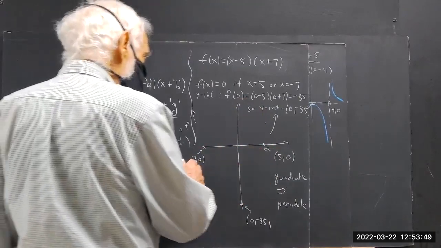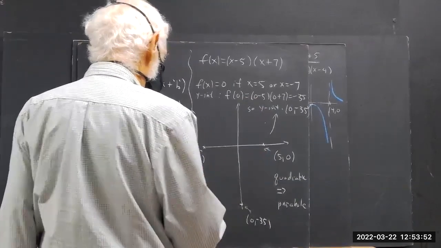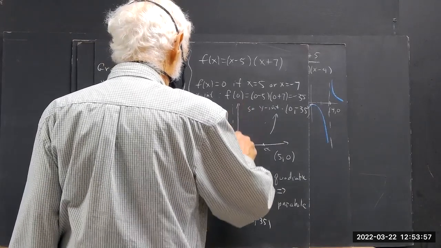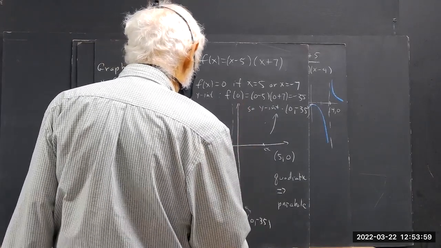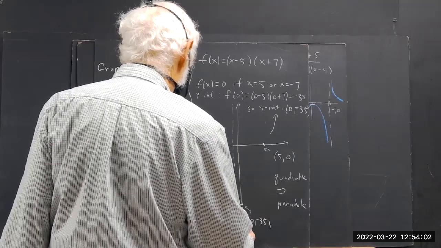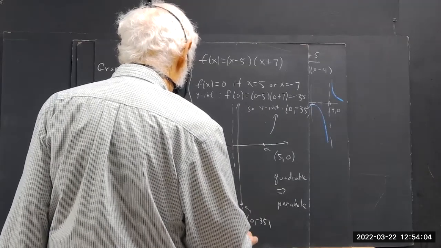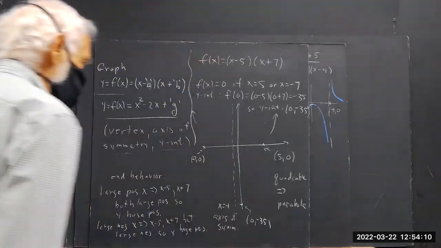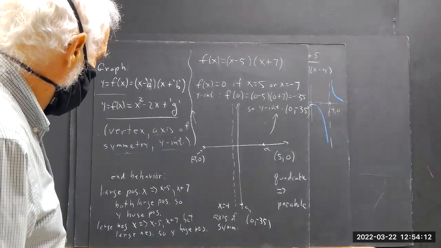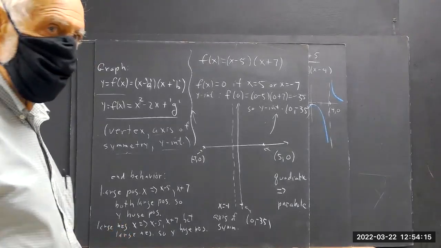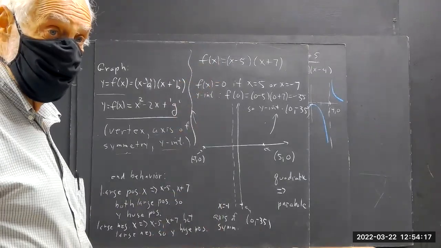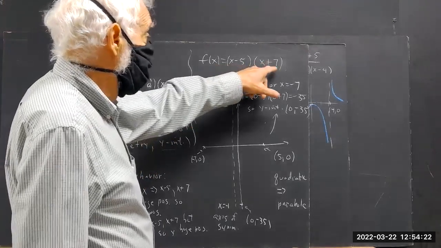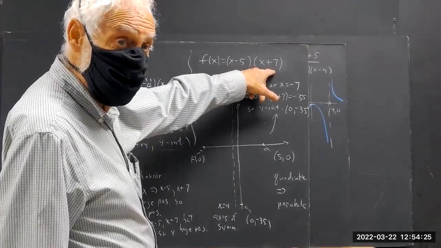The number halfway between -7 and 5 is -1, so that's x equals -1. When x equals -1, what's the value of f of x? It's -6 times 6, which is -36.